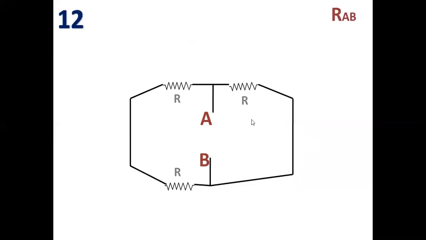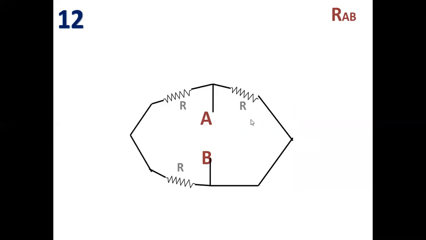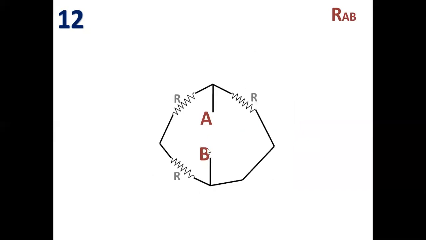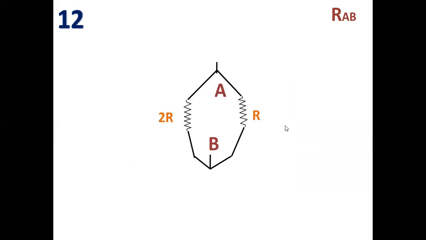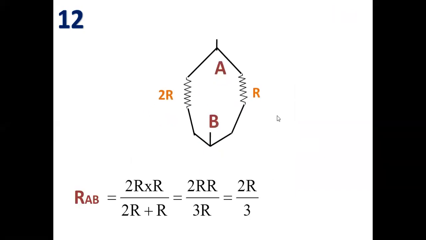Shall we make it very simple like this? Just move this across A and B. This is 2R, and this is R. So 2R parallel R is 2R into R by 2R plus R, which is 2R by 3.